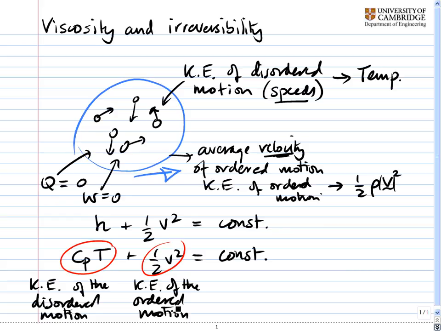And it's equal to a constant if we're not adding any heat and not doing any work on that system. So you can see there's a physical explanation for the terms in the steady flow energy equation. And you can also see why, if the velocity of the ordered motion goes down, the half v squared term reduces, then the temperature goes up, which is something that you will have seen in thermodynamics.